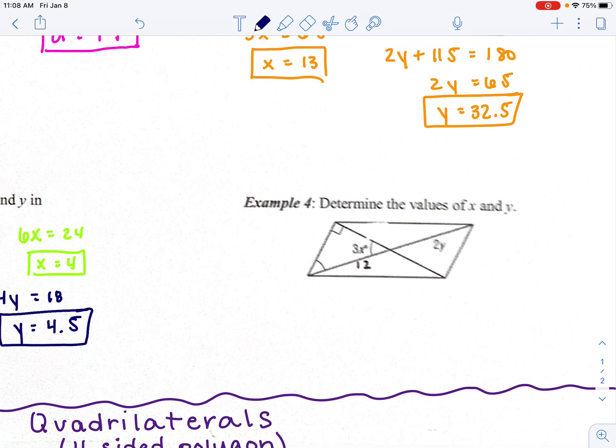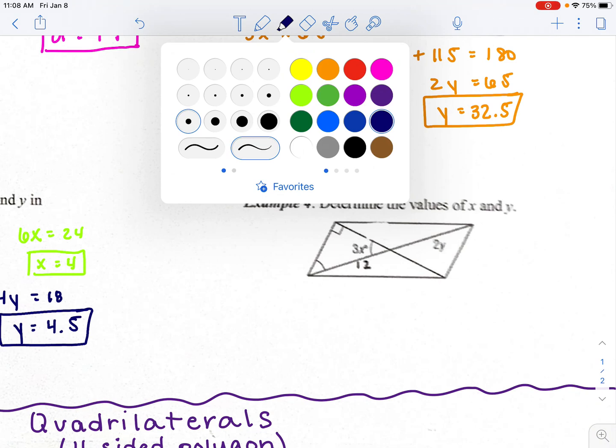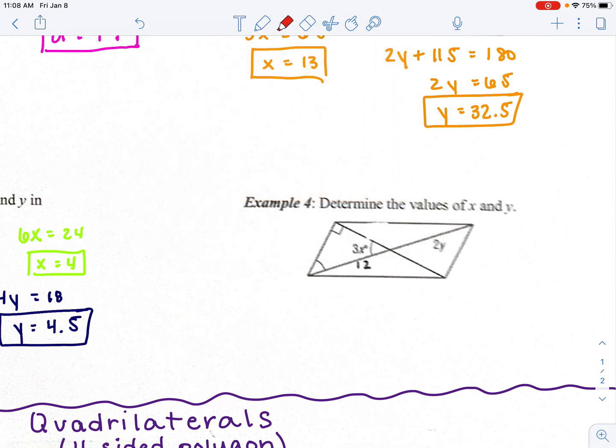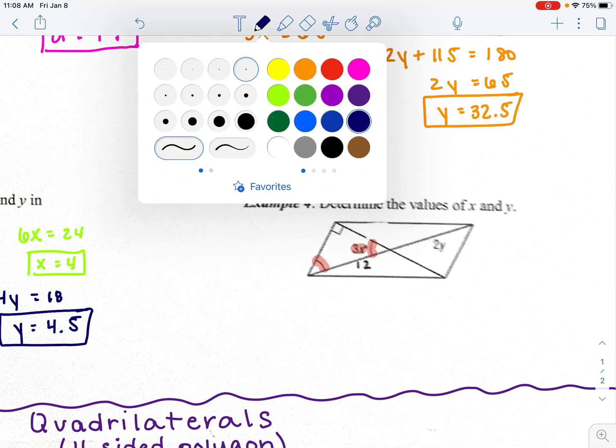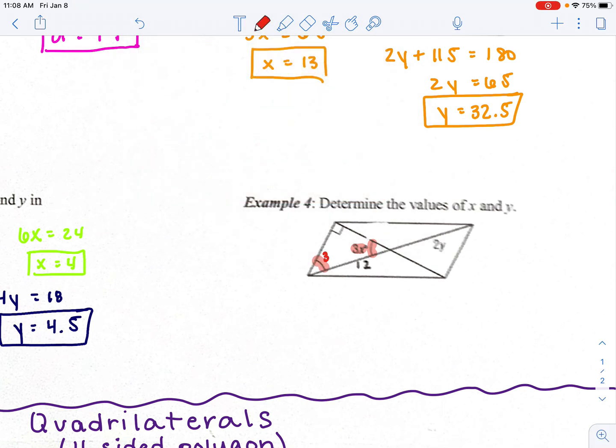And finally, example 4 here, determine values of x and y again. All right, so let's look at this. I'm going to look at x first. X is right here, that's that little angle, and it has this marking here. That marking and this marking mean they're going to be congruent, so I can say that this is 3x. Now, we don't really have any other angles besides this 90 degrees.